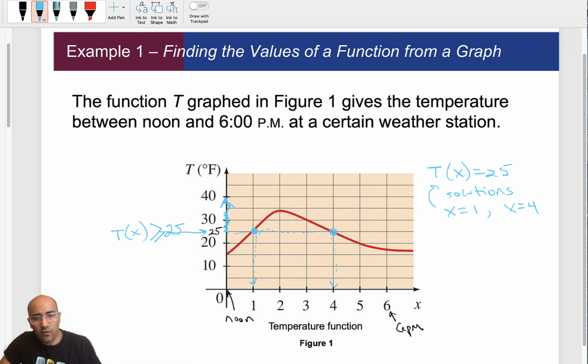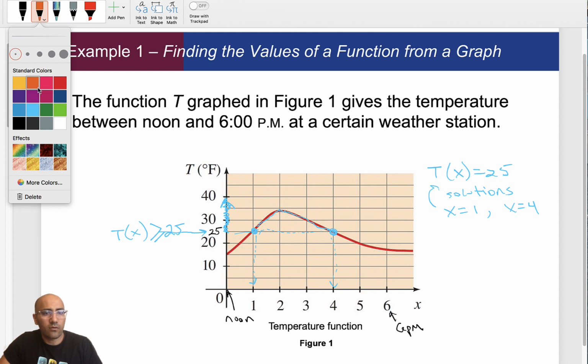So I want to find all of these values, right? It describes this part of the curvature, like that. All of these output values are bigger than 25, and if I trace that down to the shadow, we see that all of these values, let's put a different color on there, how about orange?